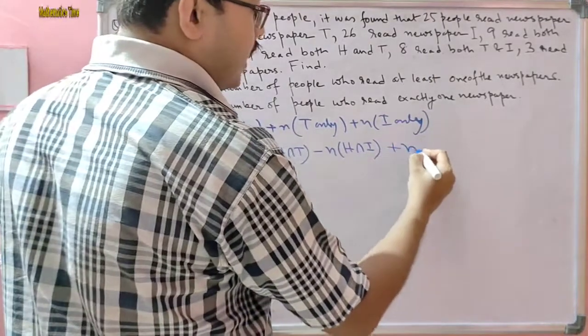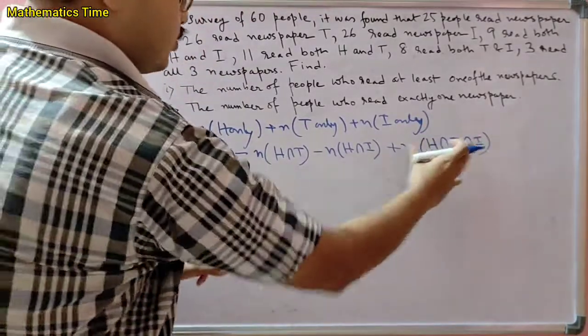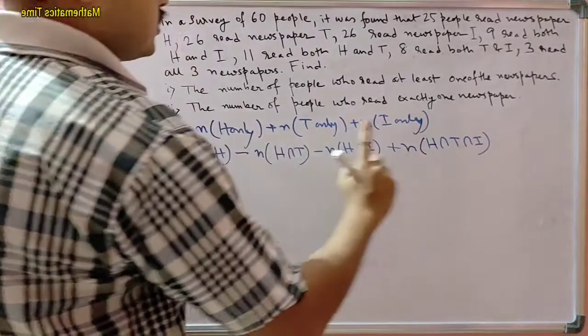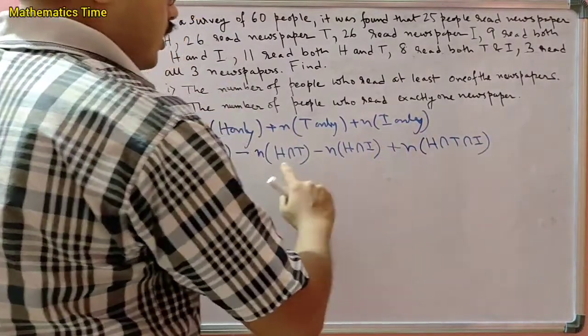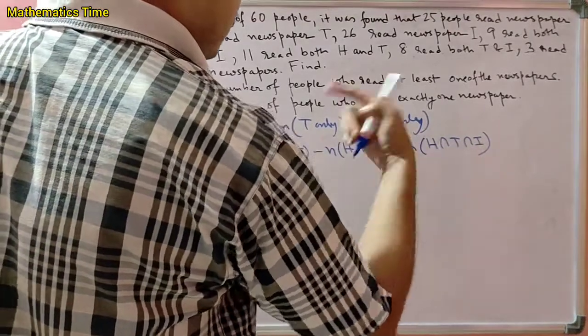This portion is already included here, and this portion is already included here, so 2 times it's been eliminated, so we are adding this one at the end.